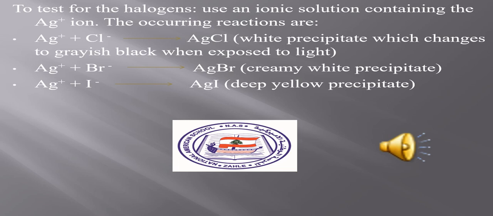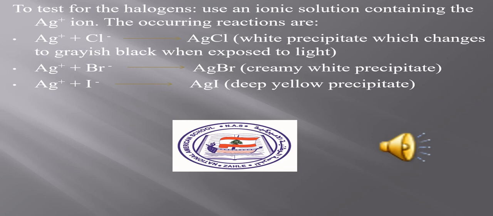Now, if the organic compound contains the element bromine, then the occurring reaction is Ag+ plus Br- producing AgBr, and this precipitate is a creamy white precipitate. What if the organic compound contains the halogen iodine? Then the occurring reaction is Ag+ plus I- producing AgI, and the silver iodide is a deep yellow precipitate.